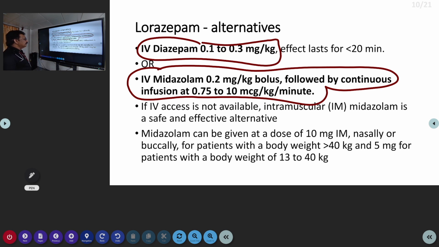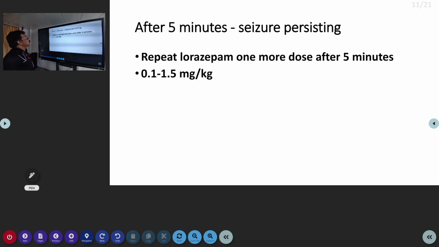So these are the common drugs which can sedate the brain, and it's a first line treatment in most of the seizures. If the seizure is not getting controlled with the first dose, we can even repeat a second dose of midazolam. We can give another dose of lorazepam, or midazolam can be given as an infusion, or even diazepam can be given.